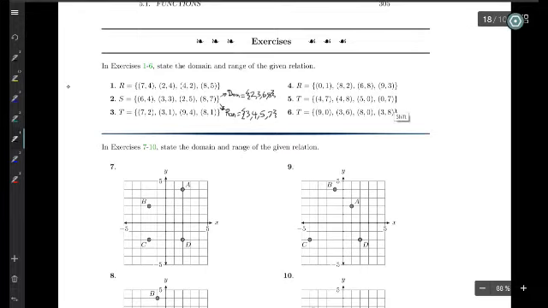And 5. We have a domain of 4, 4, 5, and 0. So 0, 4, 5. And a range of 7, 8, 0, 7. So 0, 7, 8.